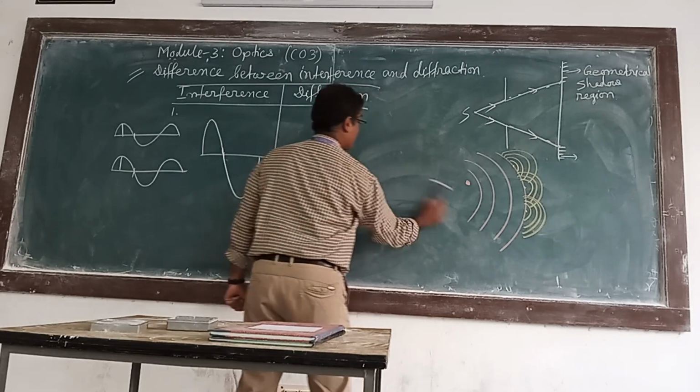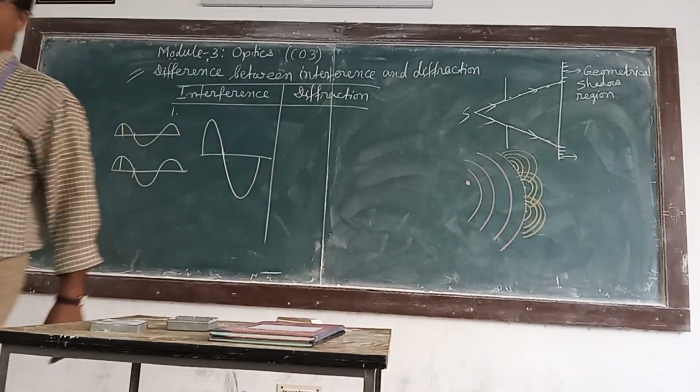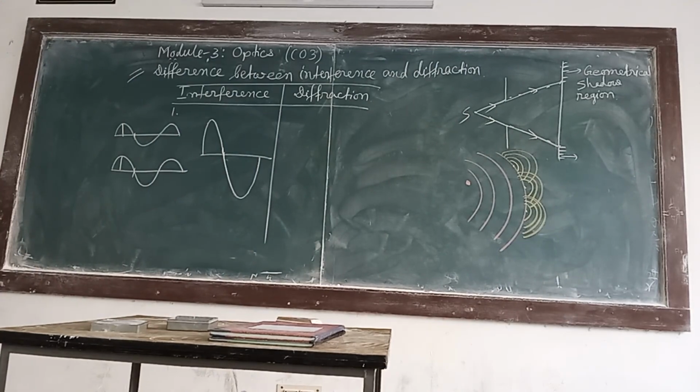Let me discuss the theory. Number 3: the width of interference fringes, the width, W-I-D-T-H, may or may not be the same.